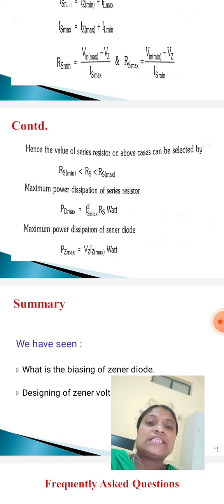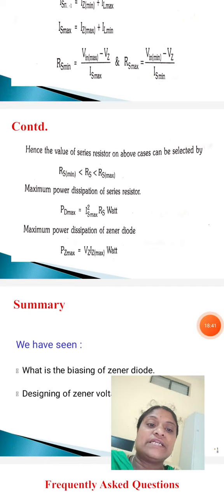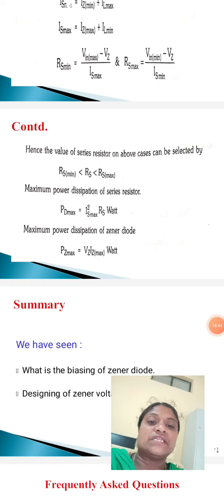Okay. So the maximum power dissipation of the series resistor: PD maximum is equal to Is maximum square into Rs. Units are watts. Similarly, the maximum power dissipation of the Zener diode, Pz maximum.